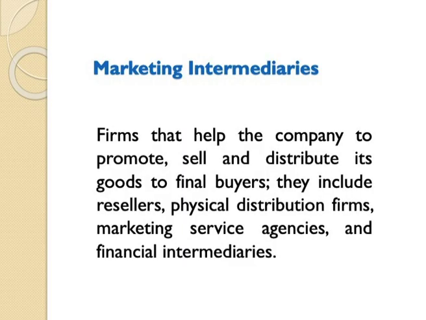So, firms that help the company to promote, sell and distribute its goods to the final buyers include the resellers, the physical distribution firms, the market service agencies and financial intermediaries. My dear students, let us try to understand what these marketing intermediaries are one by one.